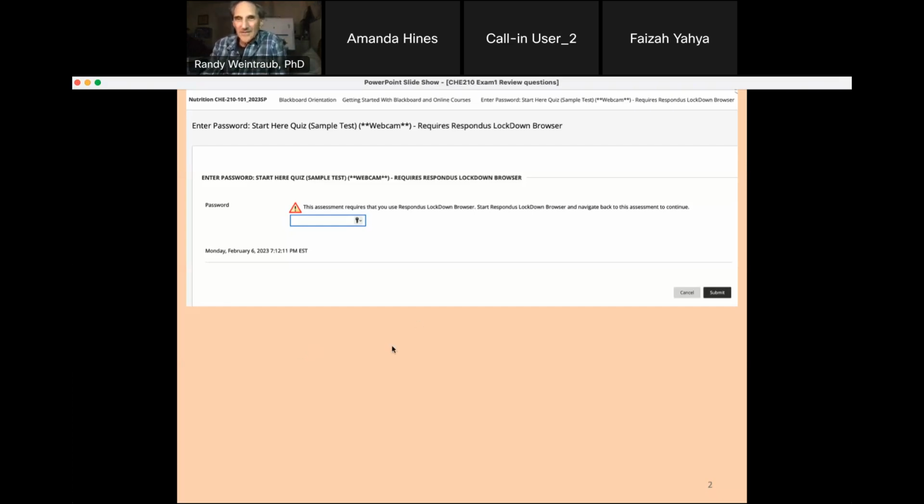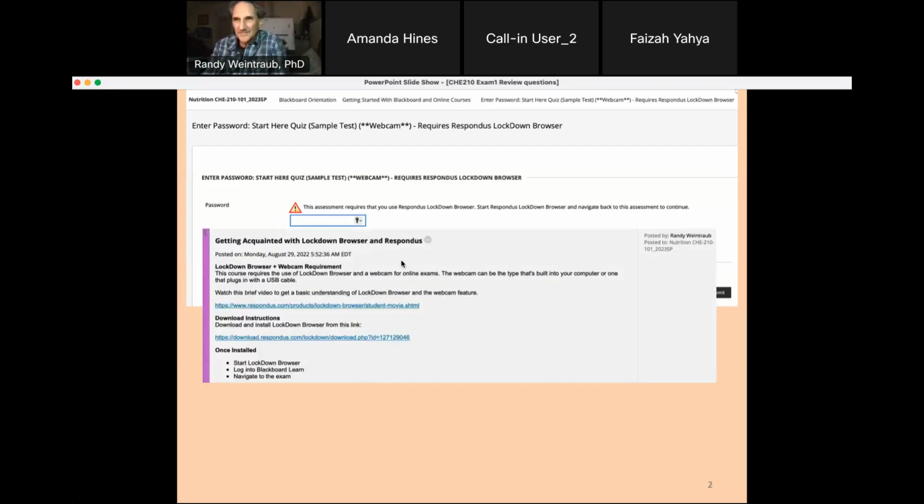What you do need to do successfully is download this lockdown browser following the directions that are shown here. And this is in the announcements.